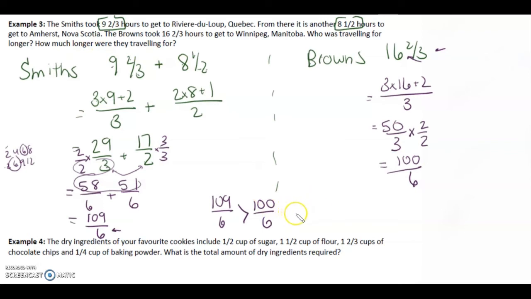Okay, so the Smiths traveled for longer, and it wants to know by how much. So we can simply subtract these two, and we get 9 over 6. In lowest terms, we get 3 over 2.